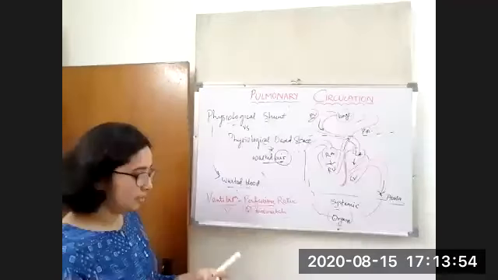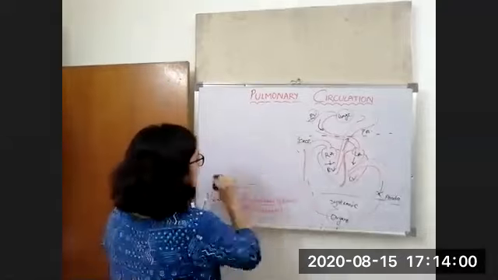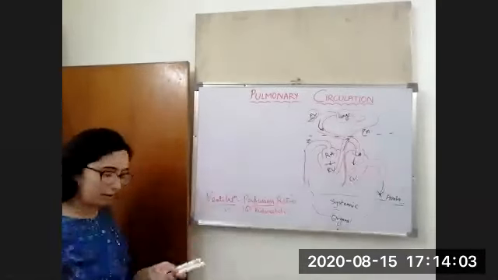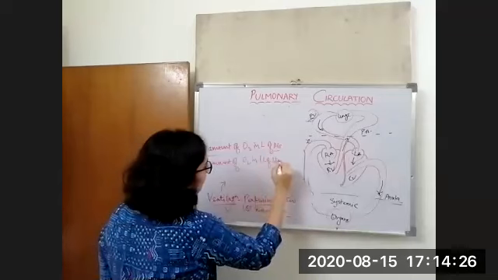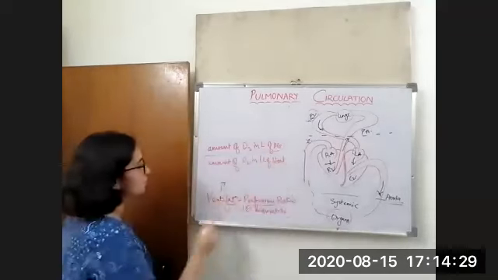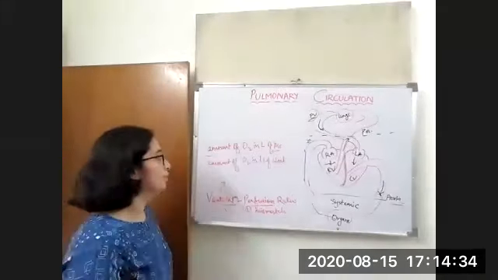So what is the normal value of the ventilation perfusion ratio? It is the amount of oxygen in 1 liter of air and the amount of oxygen in 1 liter of blood.